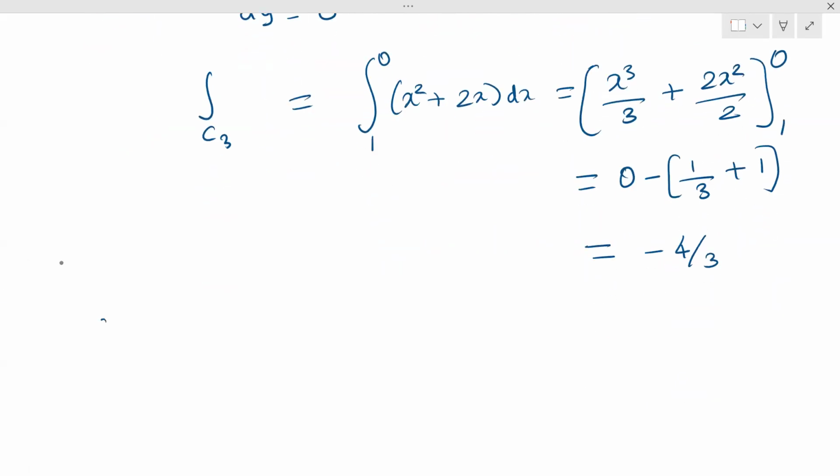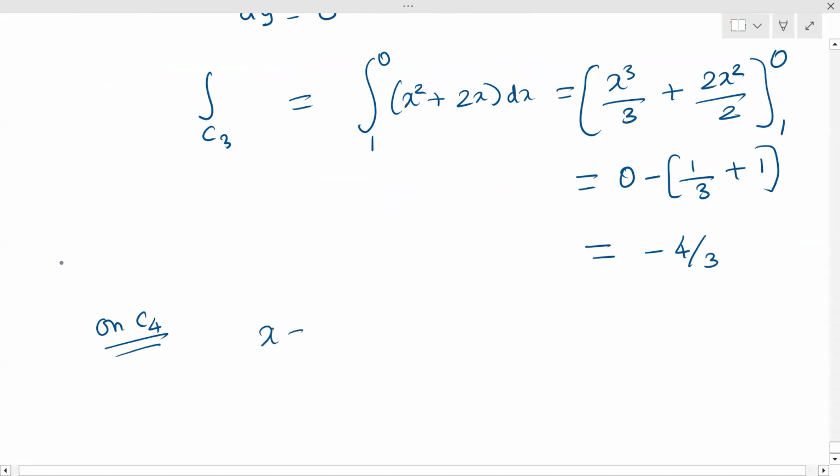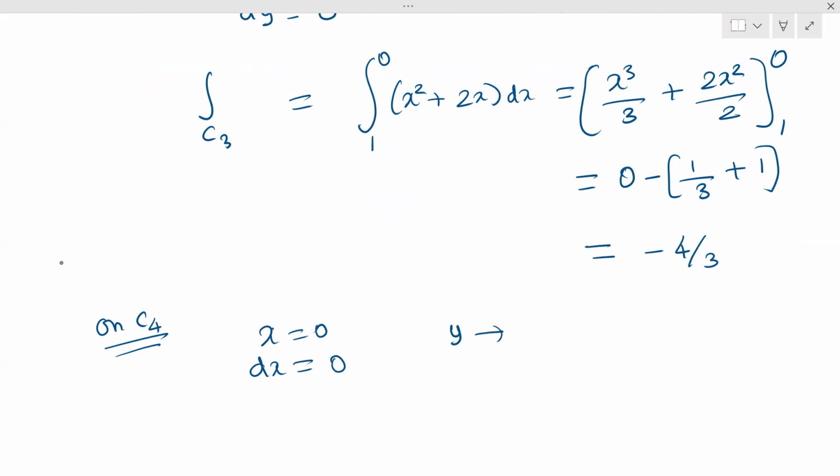Then we go to the last line C4. C4 is nothing but the y-axis whose equation is x equal to 0 and dx equal to 0. Refer to our diagram. Okay, and y limits also in this direction, in the direction of 1 to 0. That is important. Usually don't write 0 to 1. It is very important.